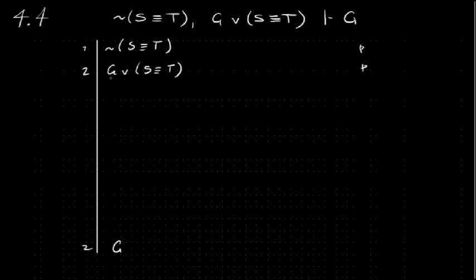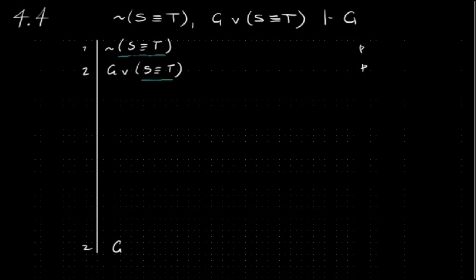We've got this disjunction, G or S if and only if T, and we've got the negation of that statement, not S if and only if T. So we should be able to derive G through a disjunction elimination, because we've got something that contradicts the other side of that formula. As I say, I went through a very similar, in fact the exact process that I'm going to go through here in one of the earlier videos.